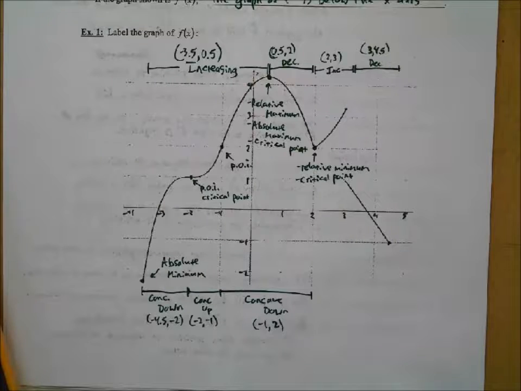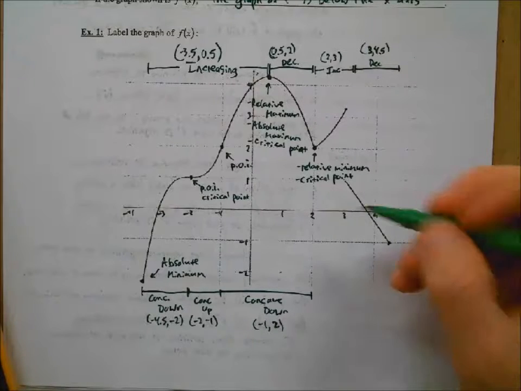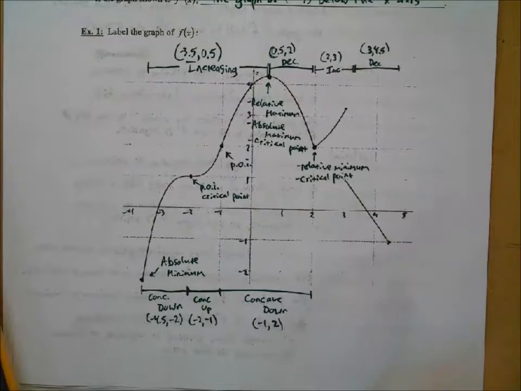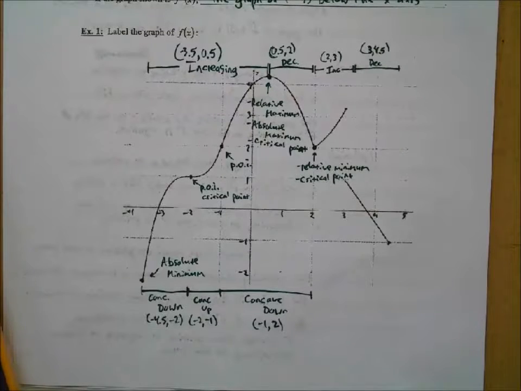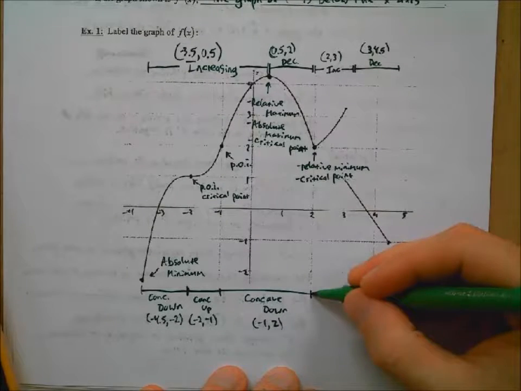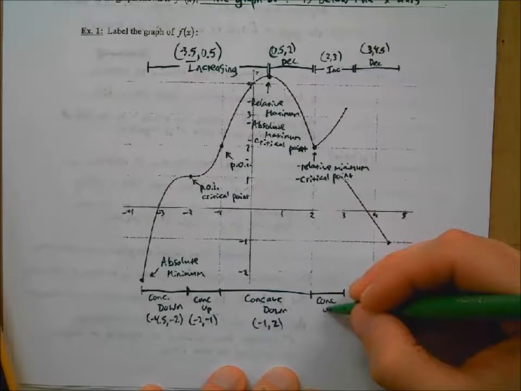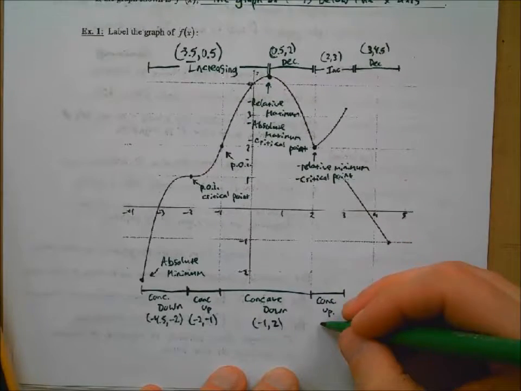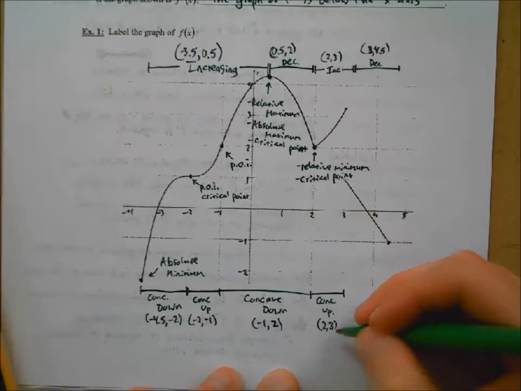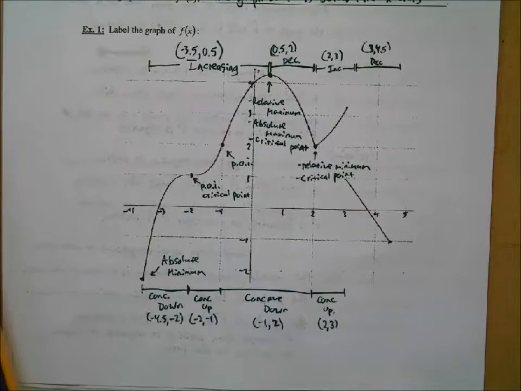Okay. What does it look like the concavity is from 2 to 3? I'd say concave up. Which means, what happens at 2? It's a point of inflection.